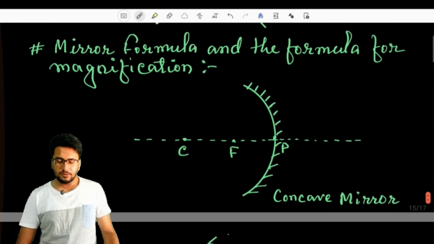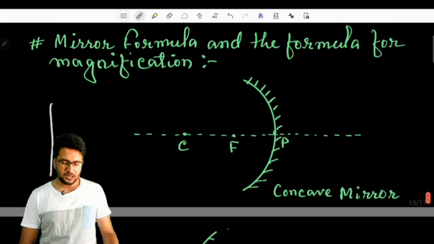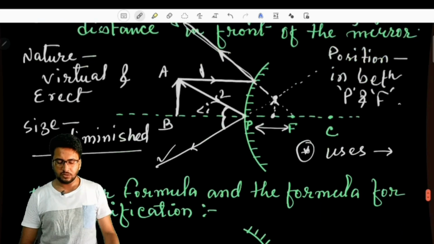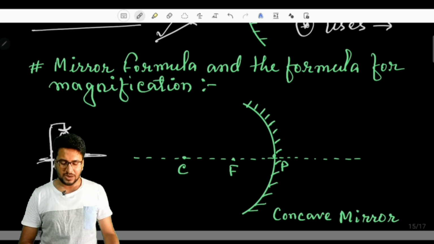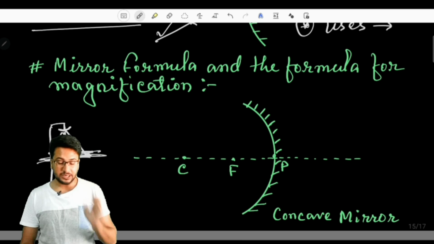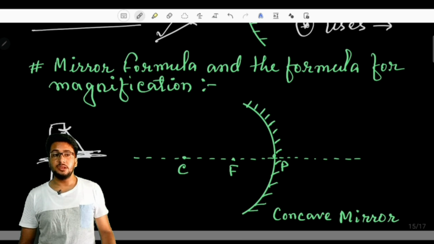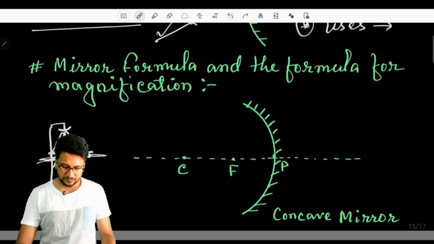Like this is the street light, and the reflector inside the street light, if it is a convex mirror and the bulb is just here, then what will happen? The light rays, after reflecting from the mirror, will diverge and illuminate a huge area in our street. That's why the reflectors in street lights are always made convex in nature.